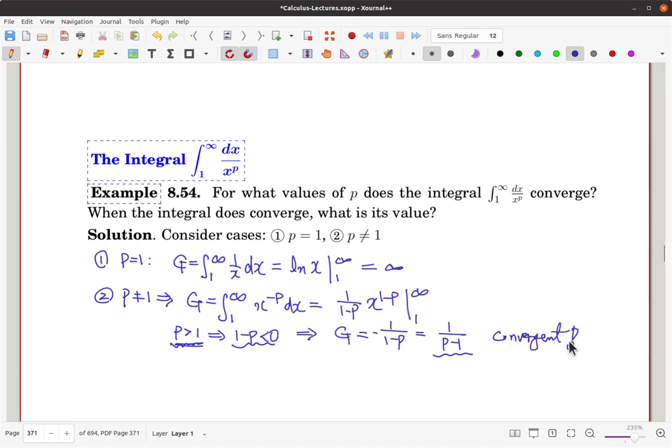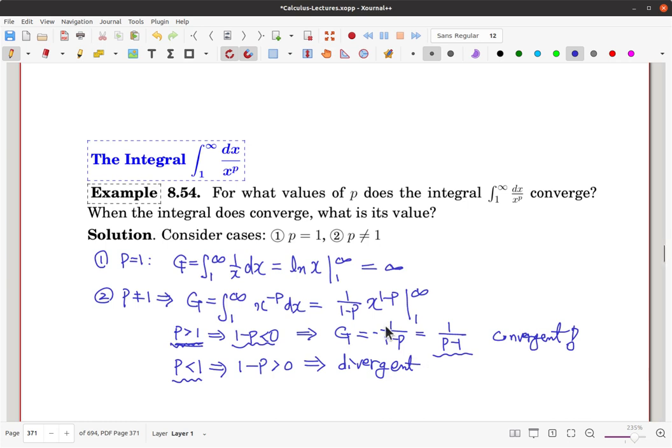Right? And how about p less than 1? Then 1 minus p is positive, which means that x to the 1 minus p, along with a positive power, as x approaches infinity, this value goes to infinity, blows up, so that is divergent.